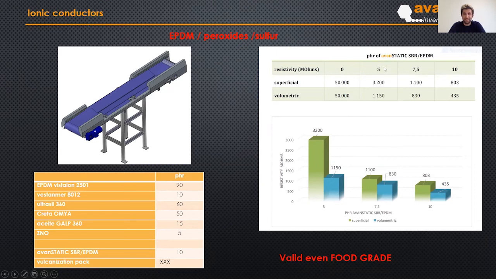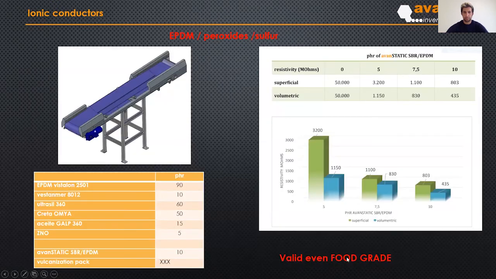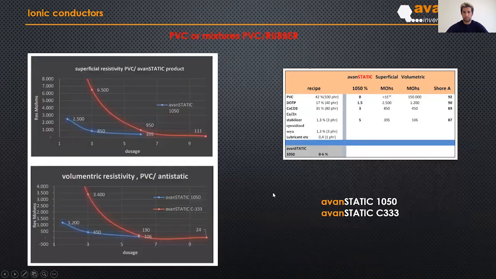If we add 5%, focusing on volumetric, we are in the range of 1,000 megaohms. And if you go to 7.5%, you go lower than 1,000 megaohms. At these two dosages, the material can be considered antistatic. I forgot to say that there are food grade applications for this material.